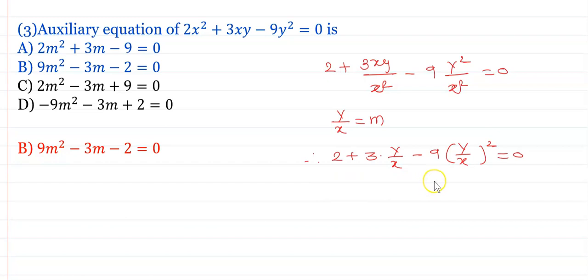Therefore the given equation is 2 plus 3m minus 9m square equal to 0. And therefore if we change the sign, then you'll get 9m square minus 3m minus 2 is equal to 0, and hence option B is the correct one. MCQs are most important because question number 1 is for 16 marks.